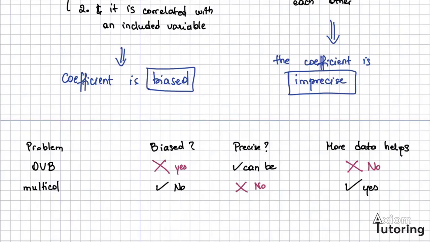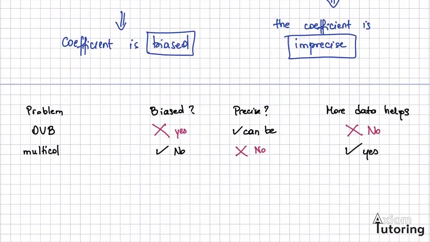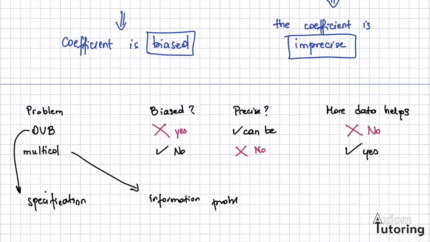So think of OVB as a specification problem, while multicollinearity is an information problem.